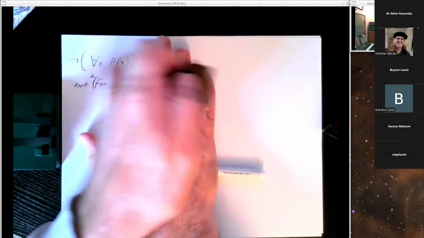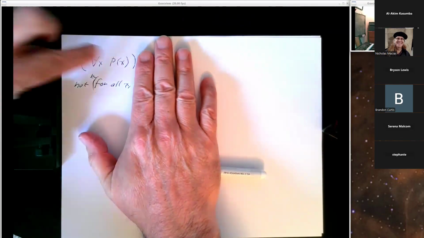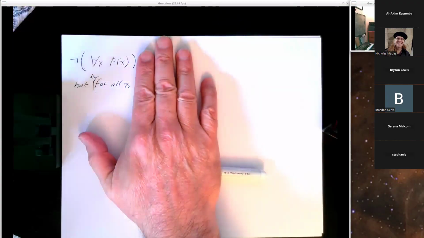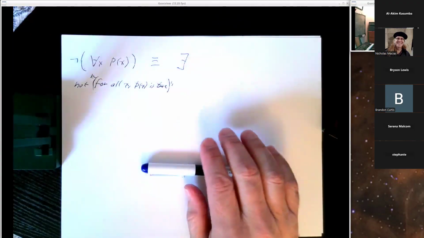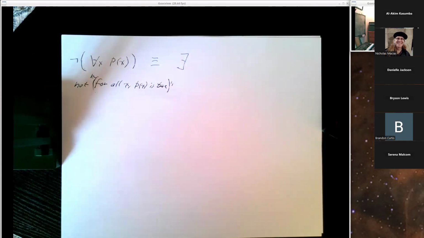Suppose I wanted to prove that it's not true that for all x, P of x. What do I have to show to prove that this is true? Find one value for which it's false.